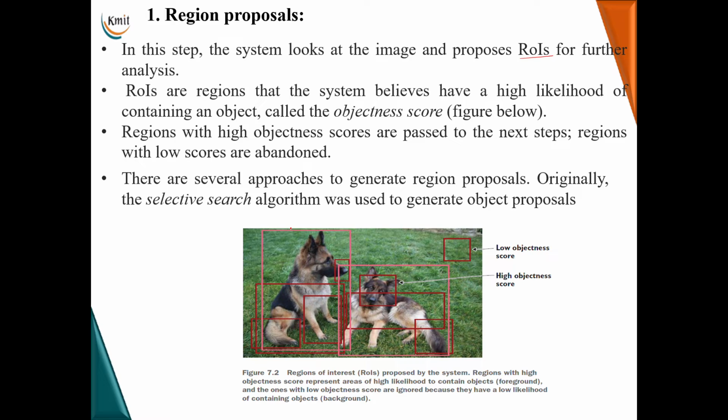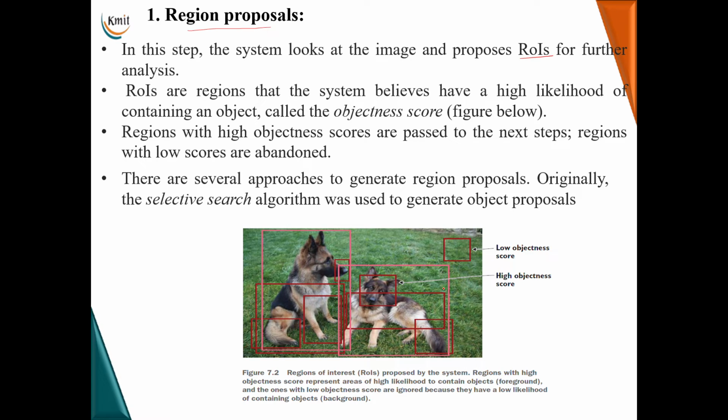This is an image. You can see many bounding boxes. These are the regions of interest which the model has given as output from the first block, called region proposal. For a given image, it will generate n number of bounding boxes called regions of interest. And what is this region of interest?